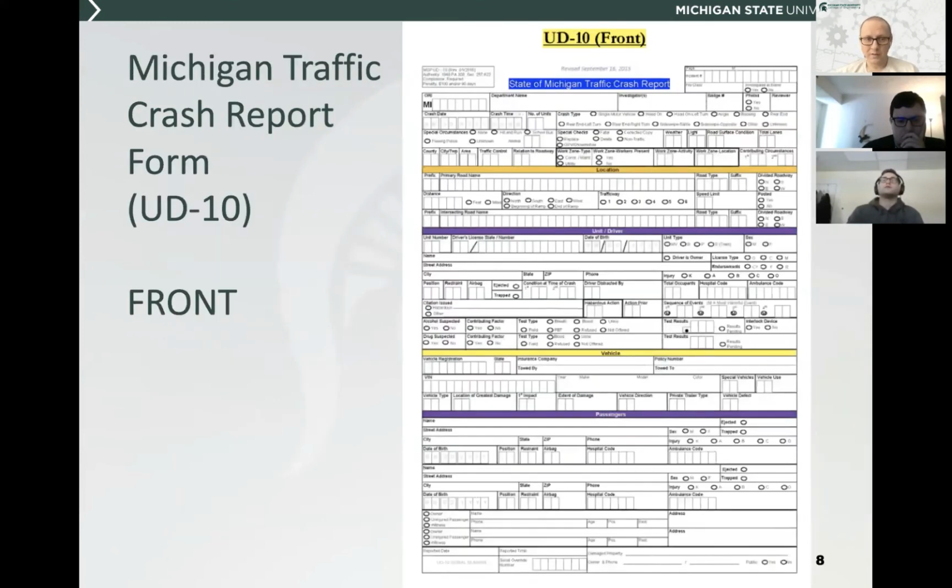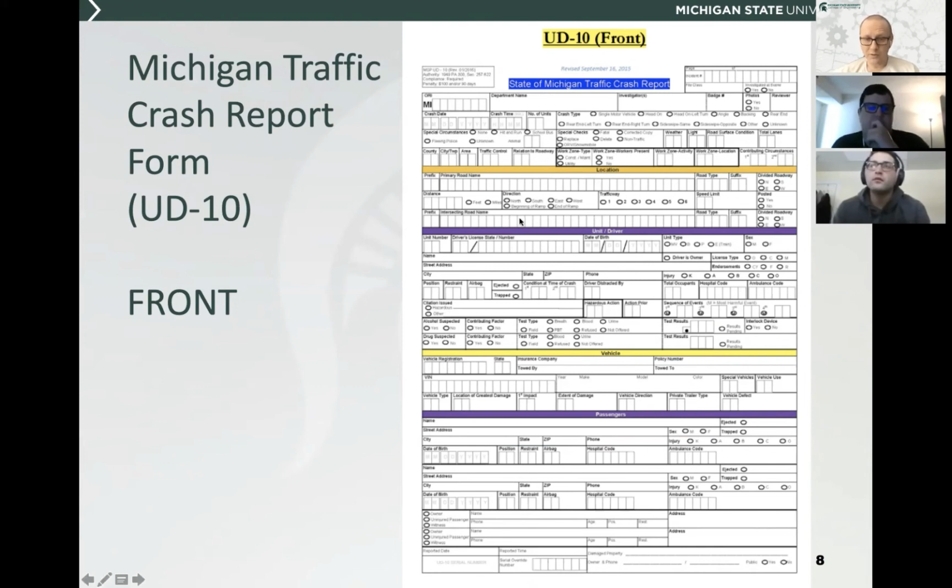And so this is what the crash report form looks like. This is the paper-based form, obviously, but the electronic form is essentially analogous to it. So the top section is just general information that describes where the crash had occurred, any specific circumstances, so crash type, the worst injury in the crash, the county where it occurred, the city, date, time, whether there was a work zone in place, whether various other special conditions were met as a consequence of that.